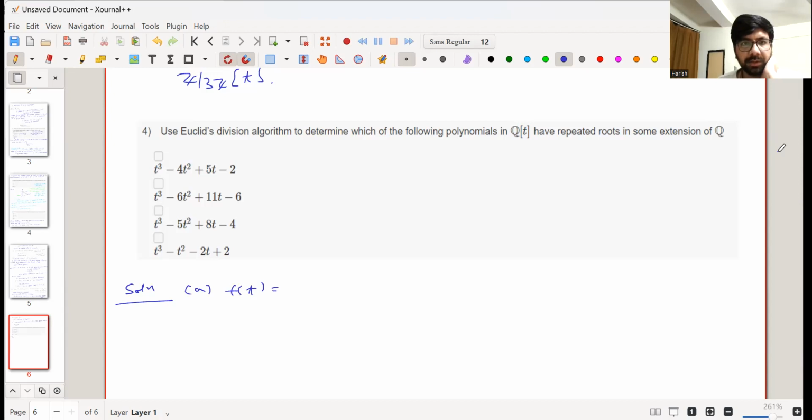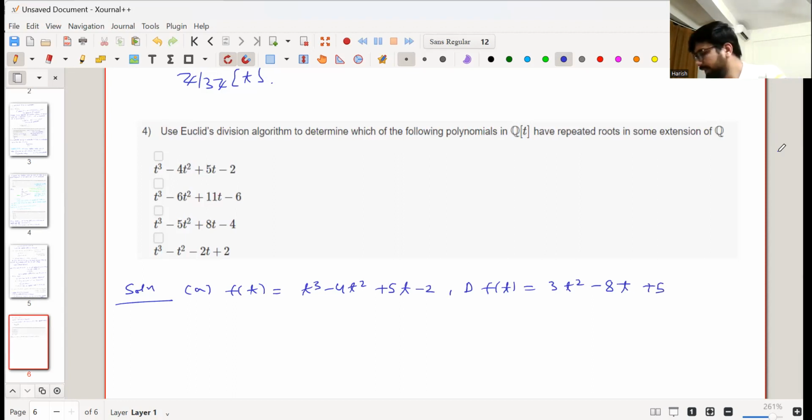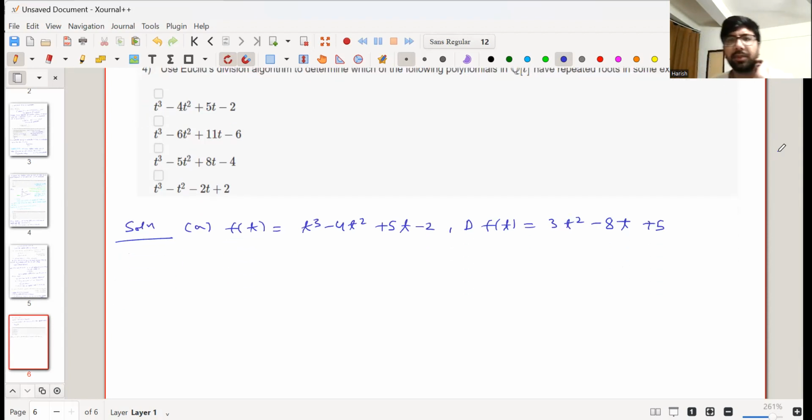Okay, so yeah, the first question is f(t) is equal to t^3 minus 4t^2 + 5t minus 2, and d f(t) is nothing but 3t^2 minus 8t + 5. So I will do the division for one question, and then the others you can try.